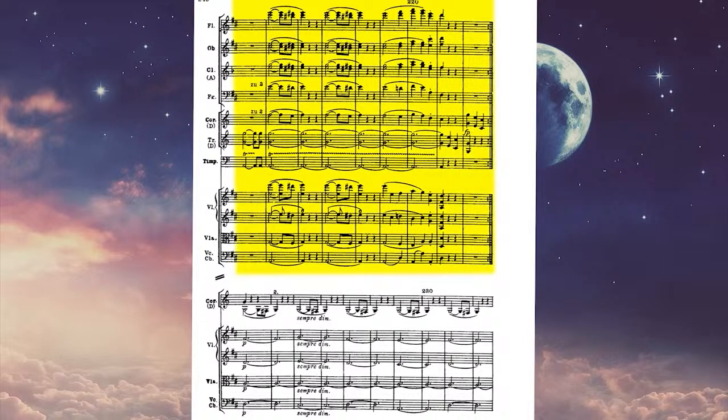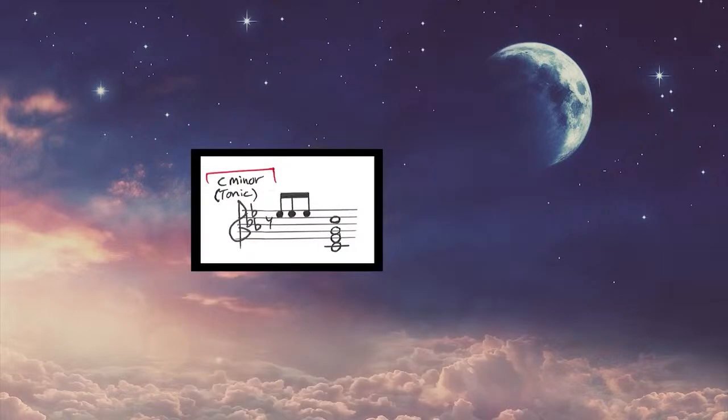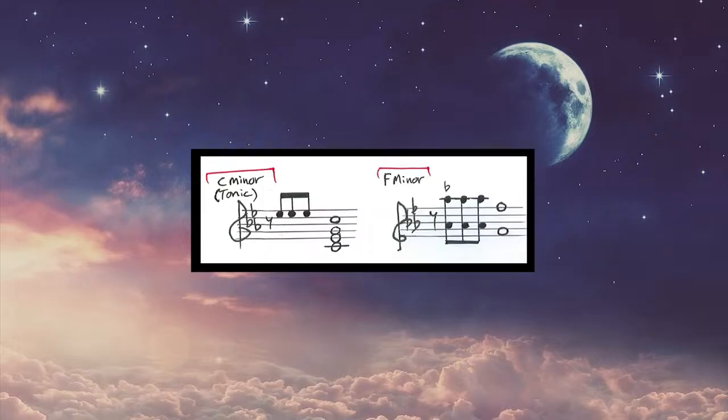And I'm reminded of the first movement of Beethoven's Fifth in C minor, of course, where he established the key of F minor, you may recall, as a sort of surrogate dominant key.